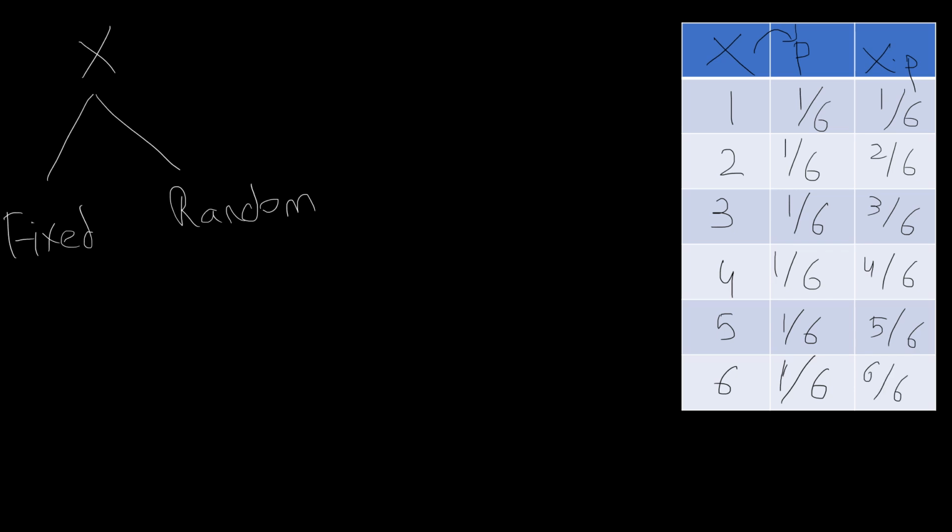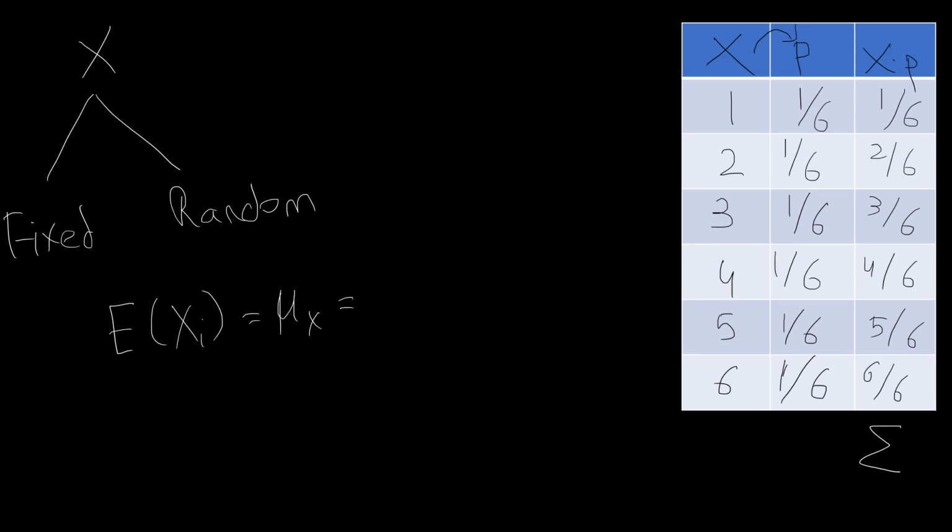Cool. Okay, the next thing that we need to do, in order to obtain the expected value of x, that is the population mean of x, is sum up all of these values in the third column, and this is something we've done before.